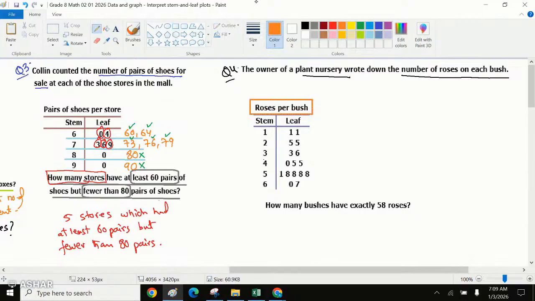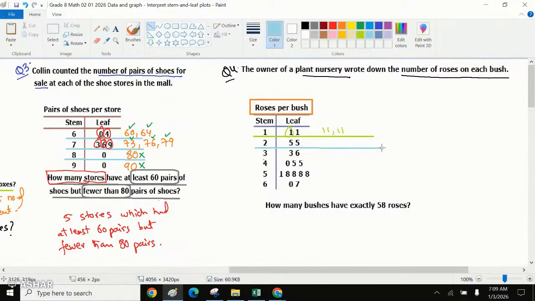So there were 2 bushes which had 11 roses, right? If we read this as 1 and 1, so we can say tens and units. There were 2 bushes which had 11, right?